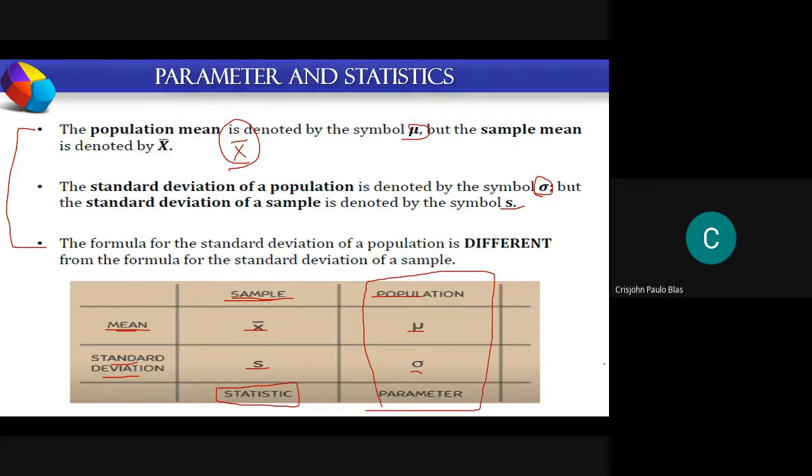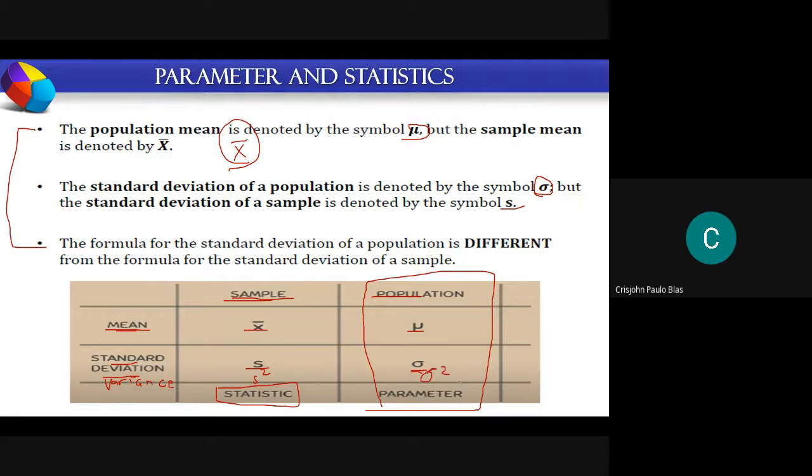We can also include the variance now. If we have a small letter s for our sample, then we have s squared for the variance. Kasi di ba nga, characteristic lang naman ni variance is the square of the standard deviation. Nakuha po? Now next, sigma squared is the variance of the population.